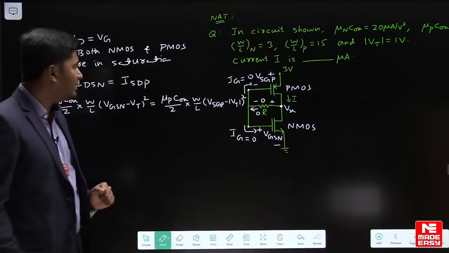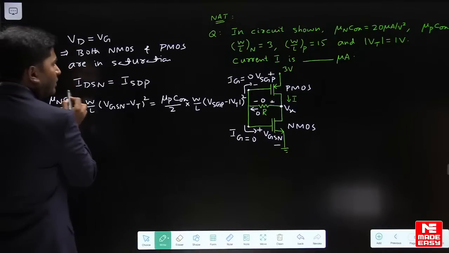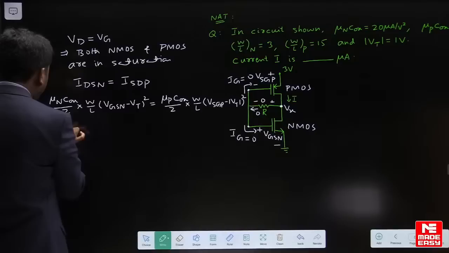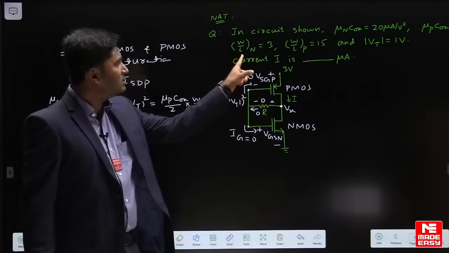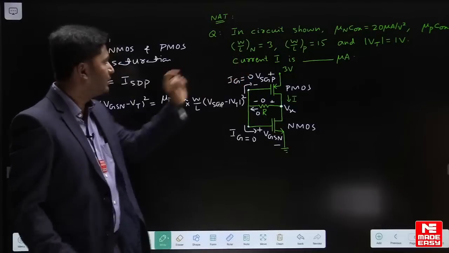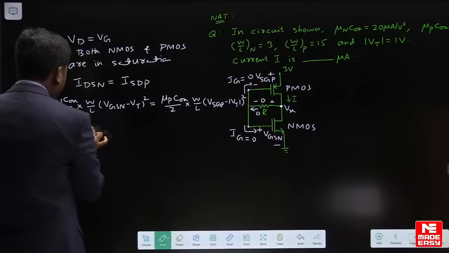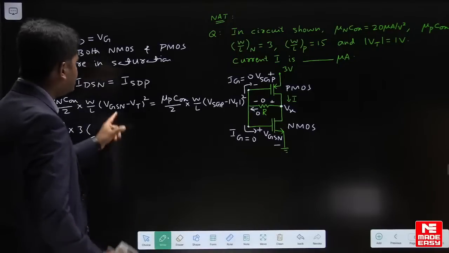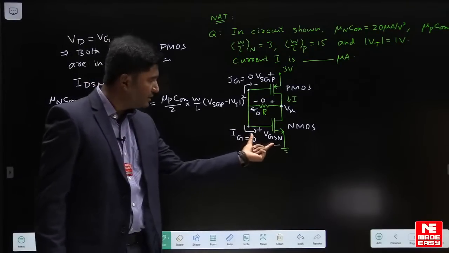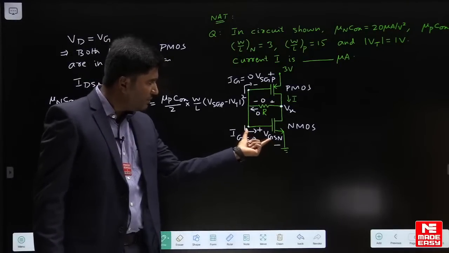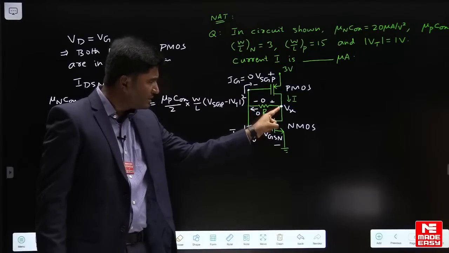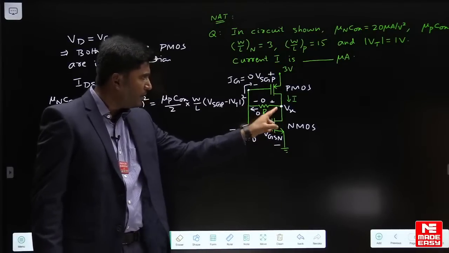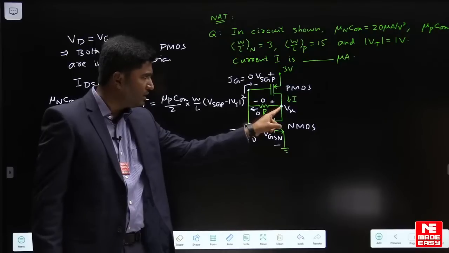Now you substitute the data here. Mu n COX is 20 micro, so 20 divided by 2 into W by L. For NMOS, W by L how much? 3. So this will be 3 into VGSN minus VT whole square. अगर आप यहाँ पर observe करते हैं that VGSN will be same as Vx. This drop is 0, तो same Vx आपको यहाँ पर भी दिखाई देगा. Drain potential को हमने Vx assume किया है.